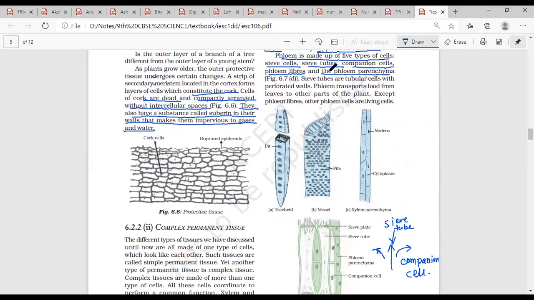Sieve tubes are tubular cells with perforated walls. Perforated means having pores on their walls. Phloem transports food from leaves to other parts of the plant. Except phloem fiber, the phloem cells are living cells, so it is called mostly living tissue.